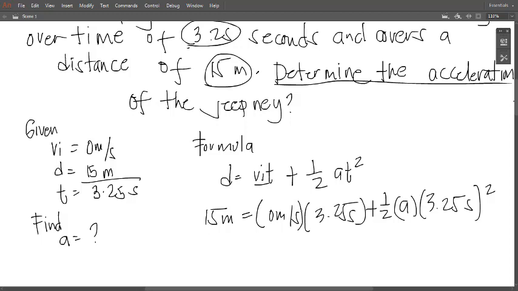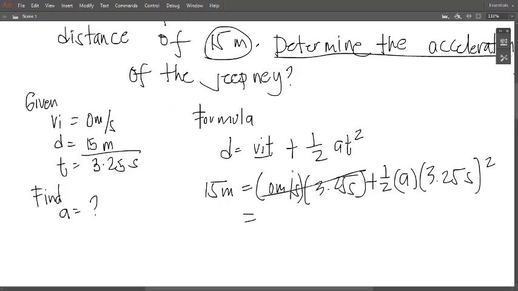Again, multiplying any number to 0 will cancel, so we cancel this.